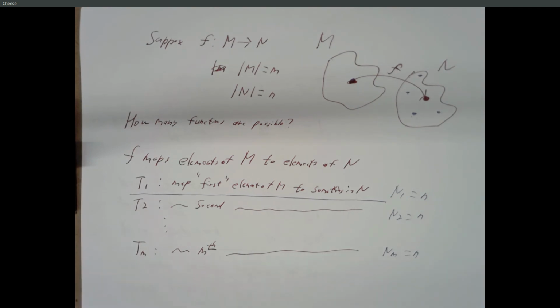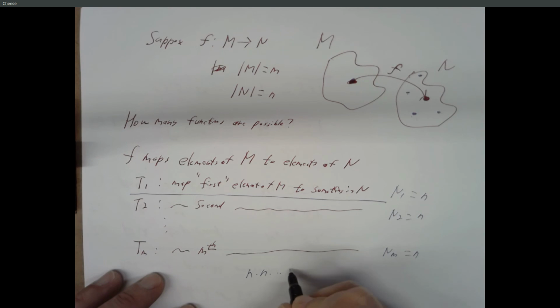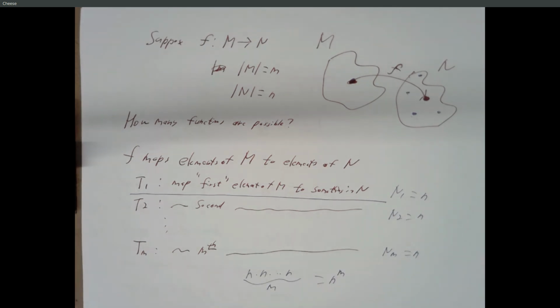So the total number of ways I can come up with a function is n times n, a total of m times, which is n raised to the power m.